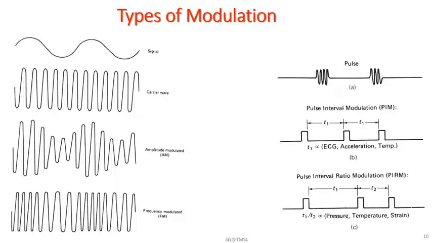There is also one technique called PPM, pulse position modulation, where the timing of a very narrow pulse is varied with respect to the reference pulse. Most pulse modulated telemetry systems use a subcarrier as well as the radio frequency carrier to achieve better stability and greater accuracy.